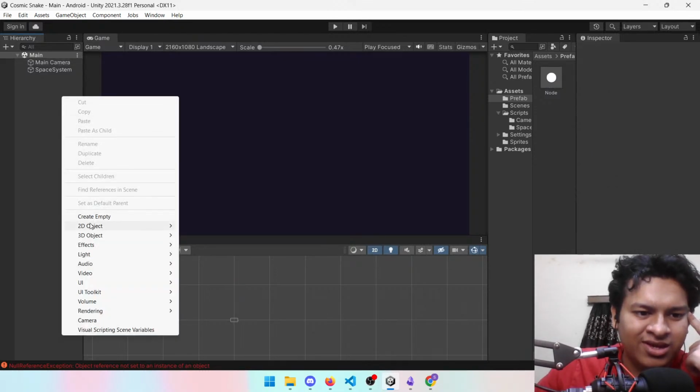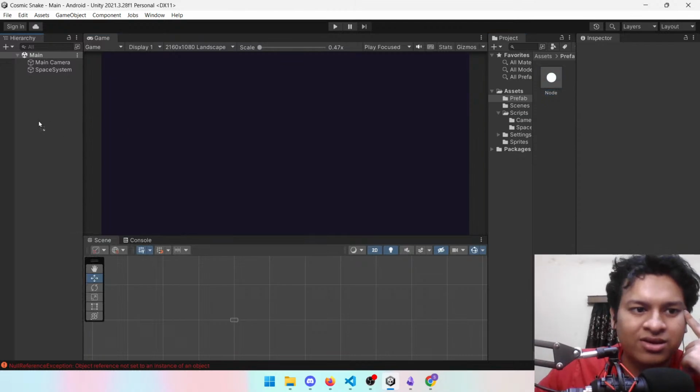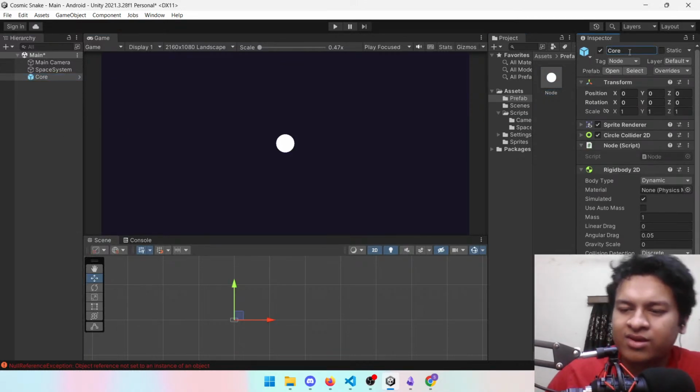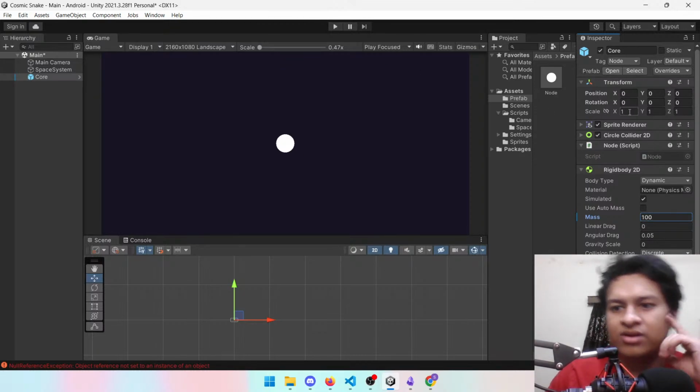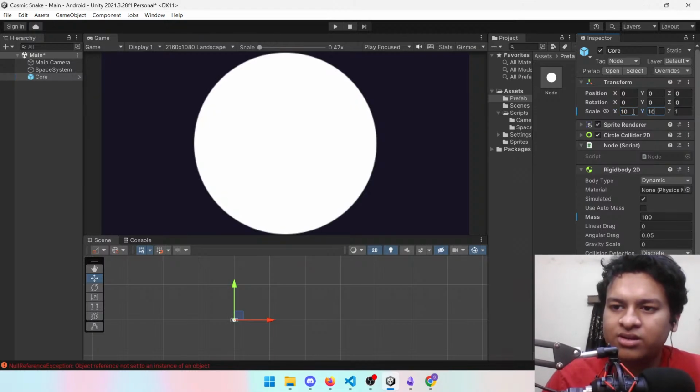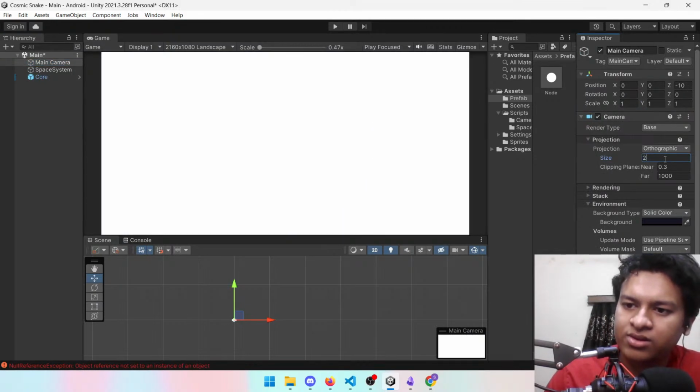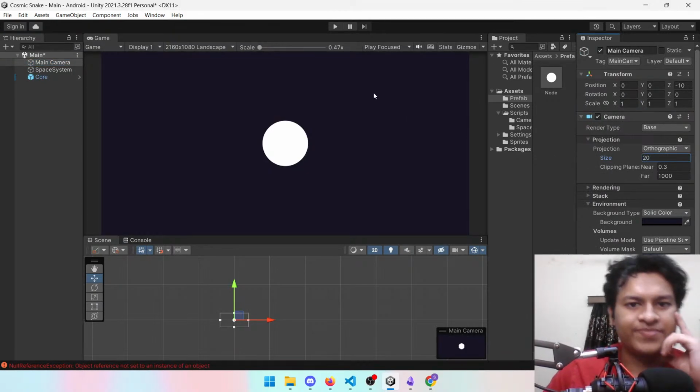So for now, let's just create a node. We'll call it a core. This won't instantiate anything, but we'll just give it a lot of mass. Let's give it 100. Let's increase the scale as well, 10 and 10. Main camera to be big enough.